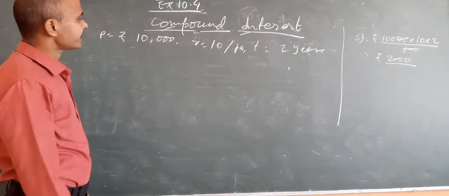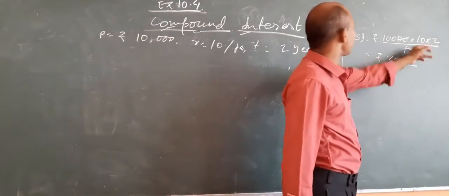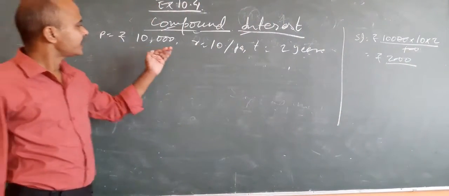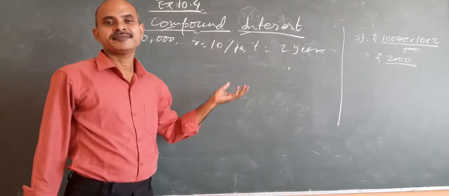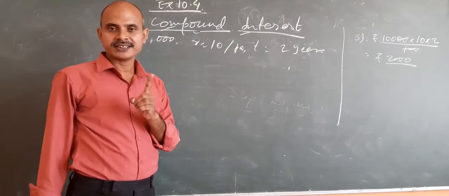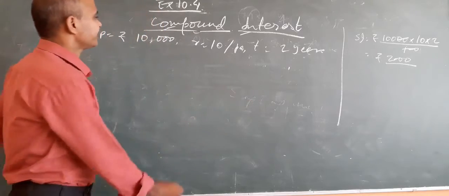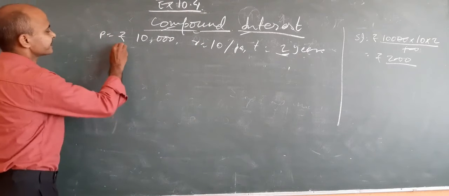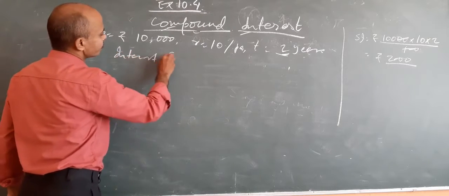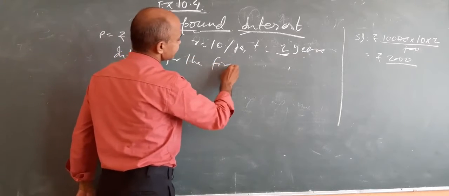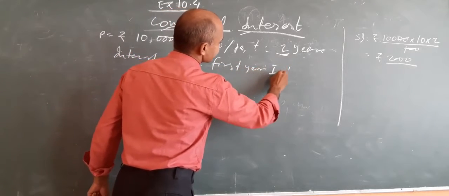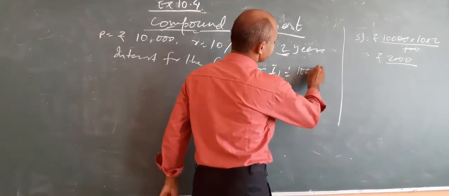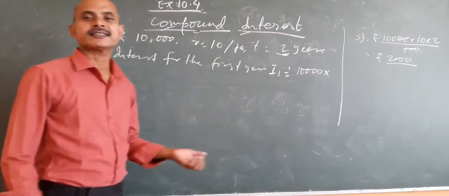First thing to notice: here we have taken time 2 years and used the formula PRT by 100. But in compound interest we will not calculate for 2 years together. We will calculate the interest for the first year, then for the second year. Interest for the first year, let us call it I1, is P into R into T by 100, the same formula as simple interest.